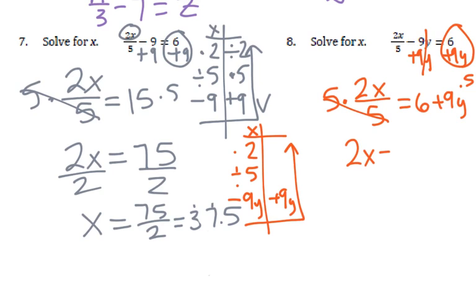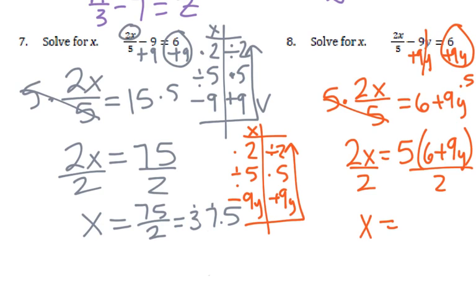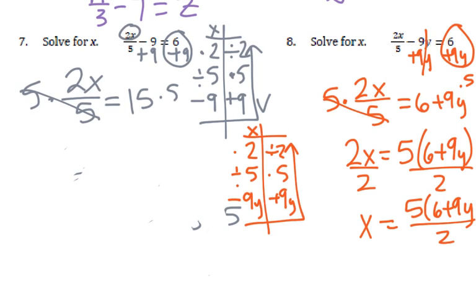Now, on this one, we could write it like this, but we can also simplify that too. I could leave it this way, and then just divide by 2, because times by 5, divide by 2, and end up with this. Okay, but I could also go over here.